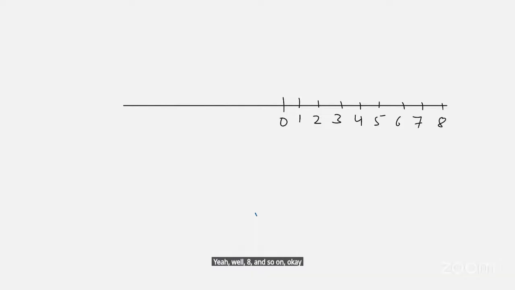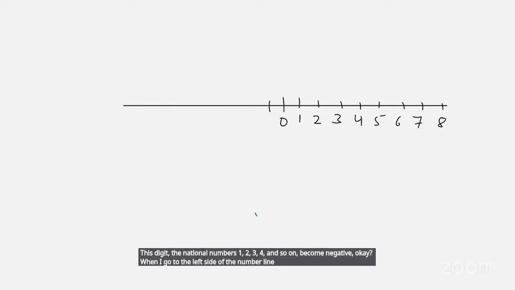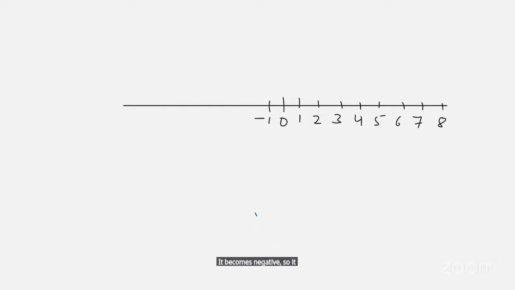From the left side, the natural numbers 1, 2, 3, 4 and so on become negative. When I go to the left side of the number line, it becomes negative. So it becomes -1, -2, -3, -4, -5, -6, -7, -8, and so on.